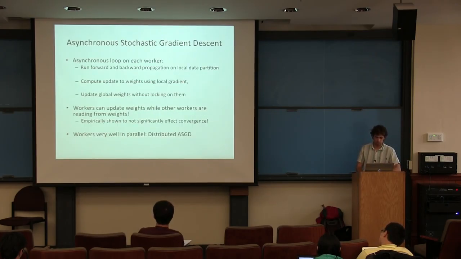One of the things I'm going to talk about is asynchronous stochastic gradient descent. This is a new technique that people are using to avoid some of the issues that people have had with parallel implementations before. In a typical data parallel situation, you do your forward and backward propagation for each sample, then accumulate the gradients, and then distribute the updated weights to all the workers.